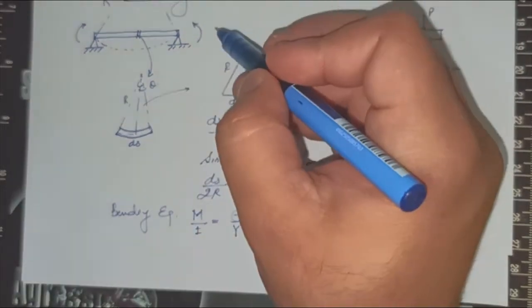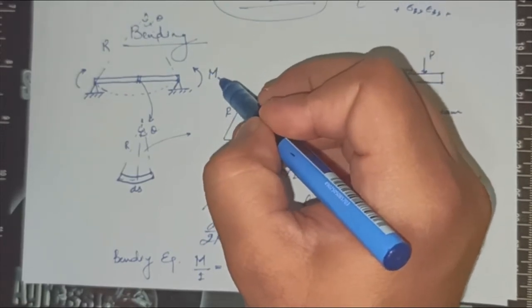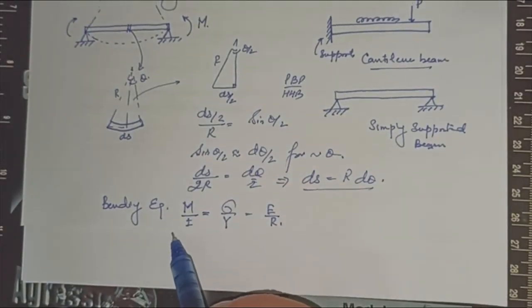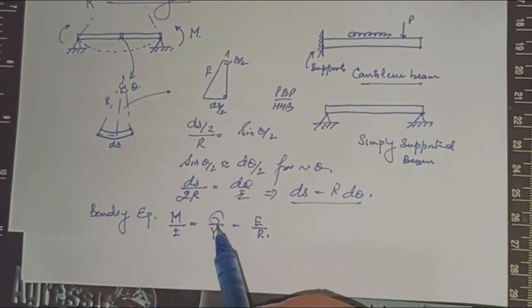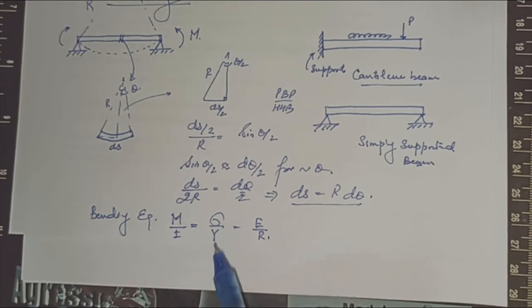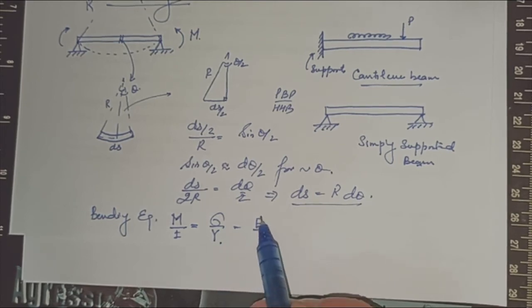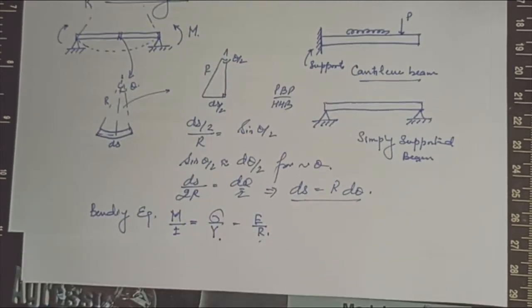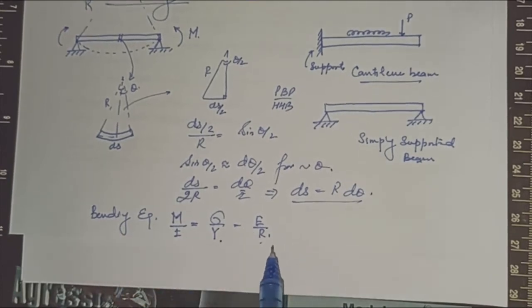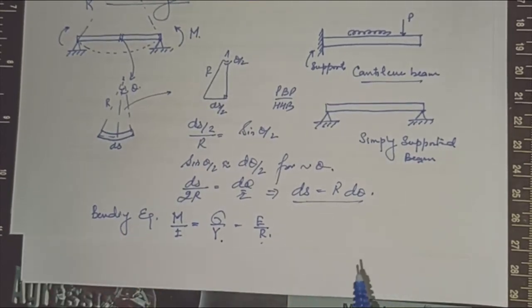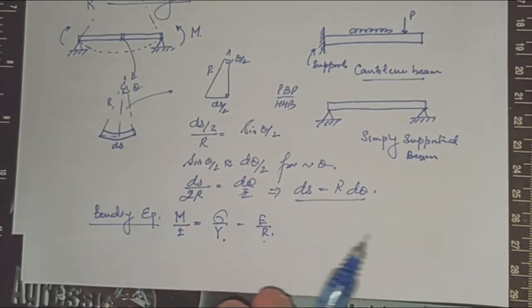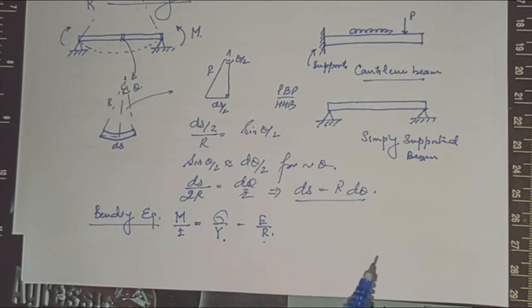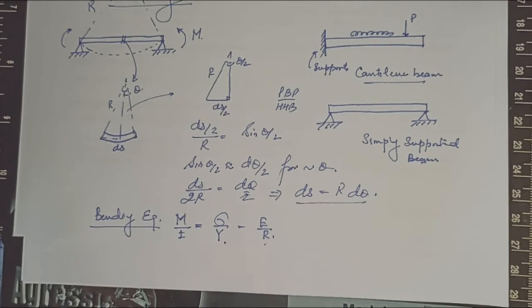M is a moment, the applied moment. I is the inertia of the structure that you have. Sigma is the applied stress. Y, then you have the modulus E, and R you know what it is. So this is a very famous bending equation. You can go through the books and see it if you don't know what this is. My aim here is not to write the bending equation. My aim here is to make you understand how to obtain the strain energy from these bending equations.